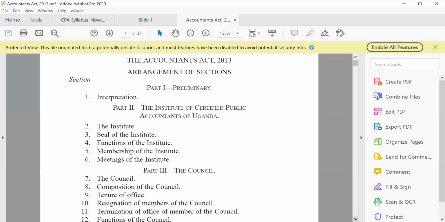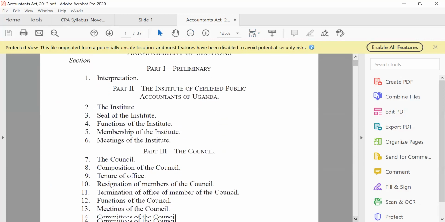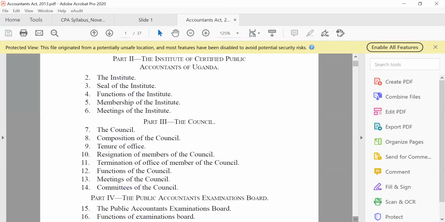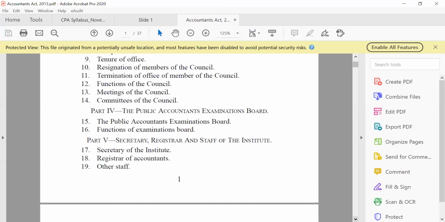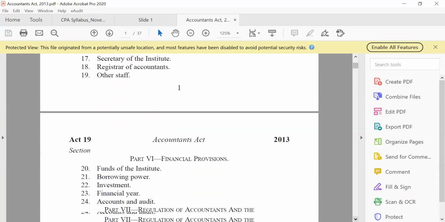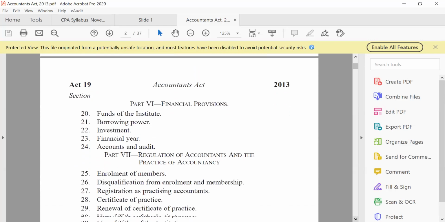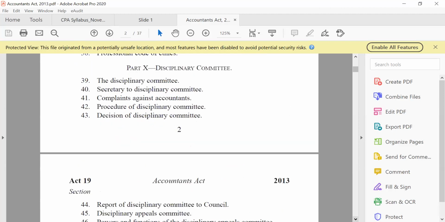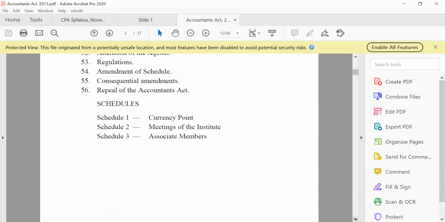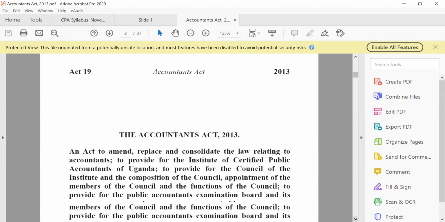So as you can see, it has everything: membership to the institute, the council, the Public Accounts Examination Board, function of the examination board, everything. Your exams are governed by an act, okay? So it's very important that you try to get time and go through this act, okay?